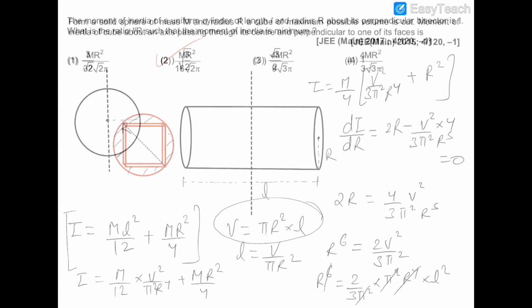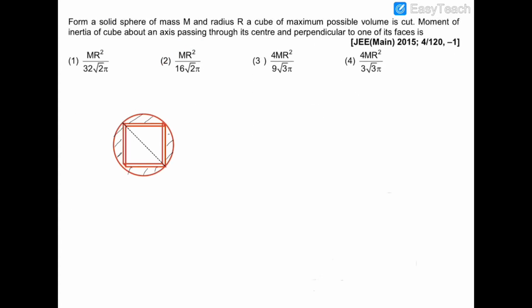Thank you. In this question, it is given that from a solid sphere of mass m and radius r, a cube of maximum possible volume is removed, and we have to find out the moment of inertia of that cube about its central axis.